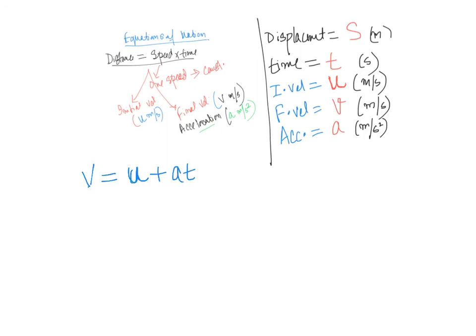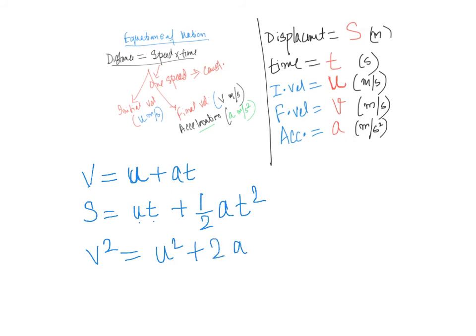Second equation is s is equal to ut, that is initial velocity into time, plus half a t square, right? And the third equation is v square is equal to u square plus 2as. These are the three equations: equation 1, equation 2, and equation 3.